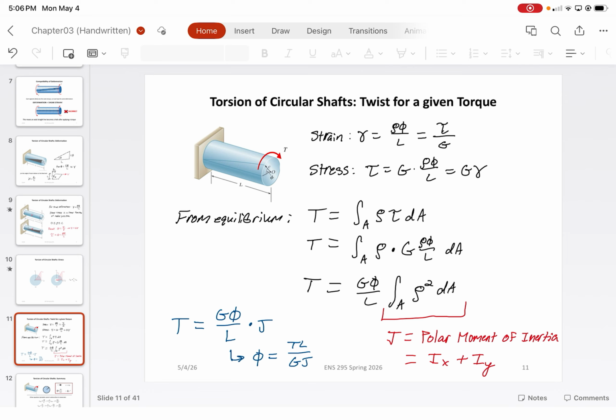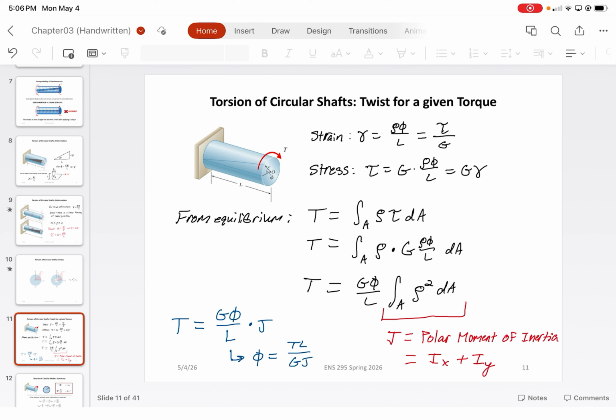We then furthermore emphasize this to determine how to calculate an angle of twist through an applied torque, because in a lot of cases you will be given a known torque and have to determine a required angle of twist to satisfy to design the shaft. And from this, using equilibrium, we found that the torque can basically be estimated as the summation of all of the shear stresses multiplied by their approximate areas.